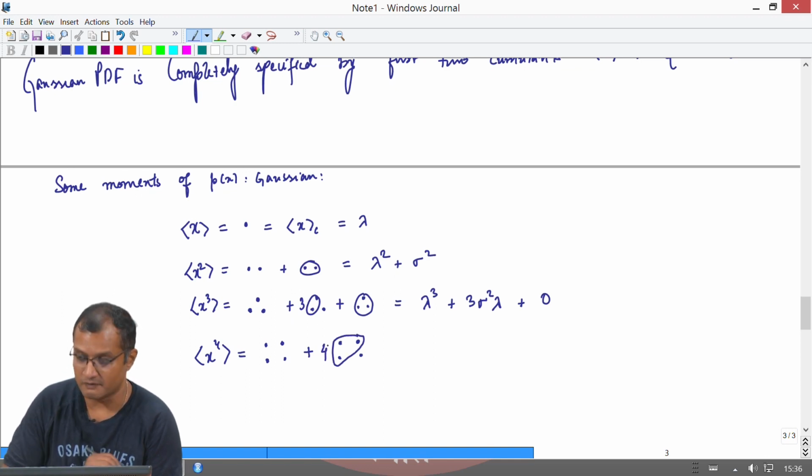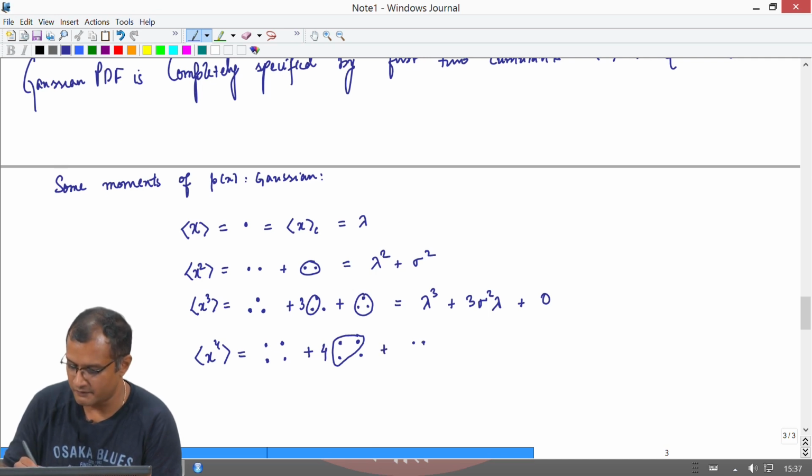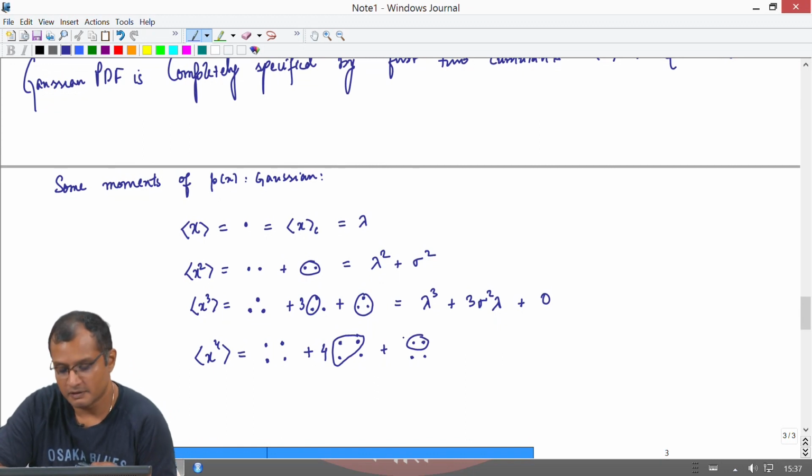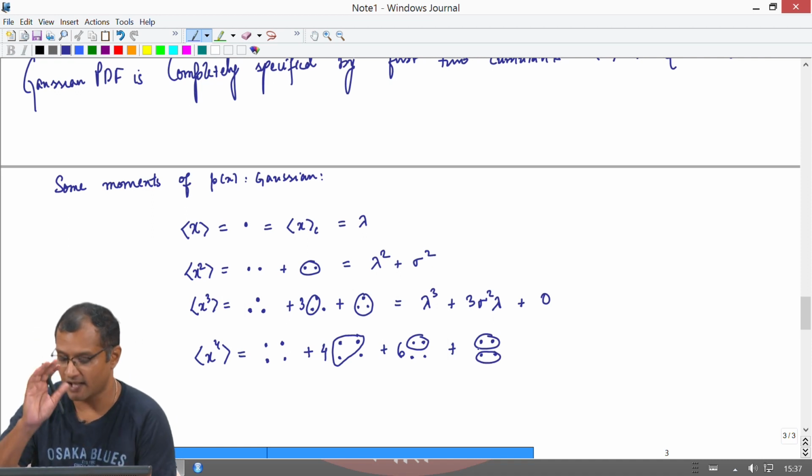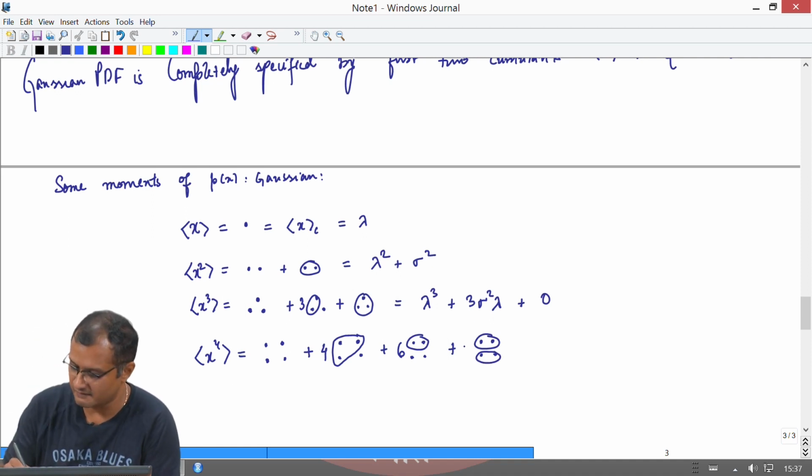There are 4 ways of doing it, plus connect 2 of them and leave the other 2 open. There are 4C2 ways of doing it, which is 6, plus connect 2 of them and the other 2 of them. They are exactly half of 6, which is 3 ways of doing it, and connect all of them, no more.